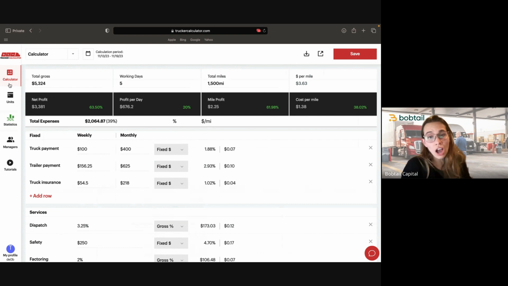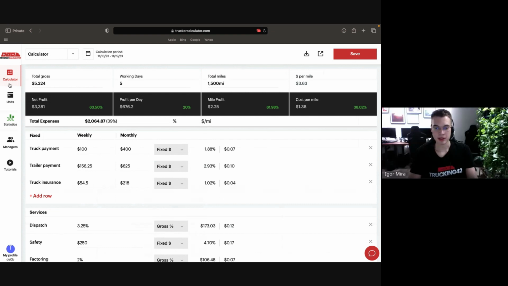I don't think it costs you anything to create a profile, right, Igor? It is free. It is completely free for now. We plan to switch to a paid subscription for larger fleets, but I cannot say when. We plan to do it in January, but it seems like it will be closer to February or March, because I won't switch before we add a couple more features to this website.